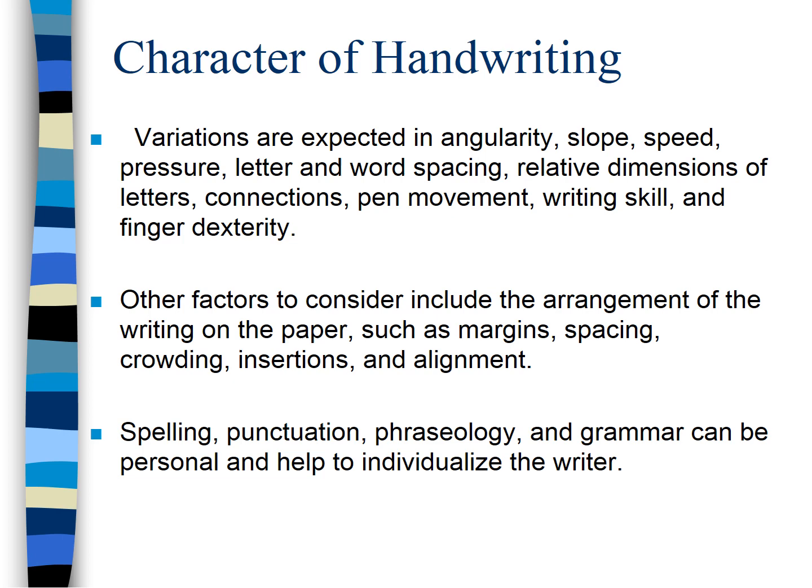So there are variations that are expected from the character of handwriting analysis, including the angularity, slope, speed, pressure, letter and word spacing, and then pen movement, writing skills, arrangement of writing on the paper, such as the margin, spacing, insertion, alignment, and also some on the spelling, the phraseology, grammar. Also there will be a variation for the characteristics in the handwriting analysis.